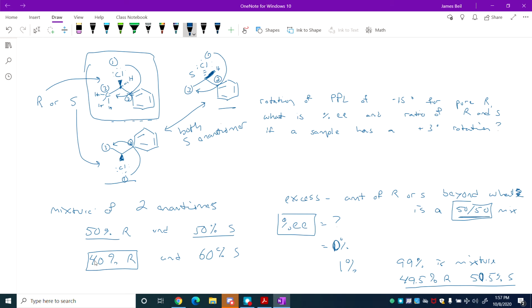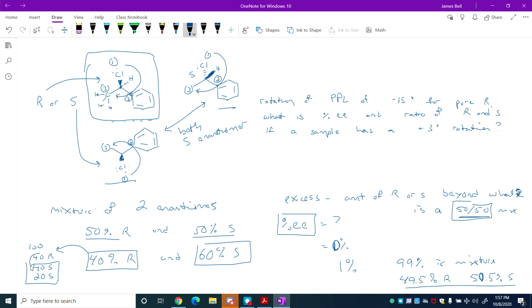So if I have 100 molecules, out of 100 molecules, 40 of them are R, 40 of them are S, and then there's another 20 that are S, right? If there's 60 S out of every 100 and 40 R out of every 100, I can think of this breaking down in this way.